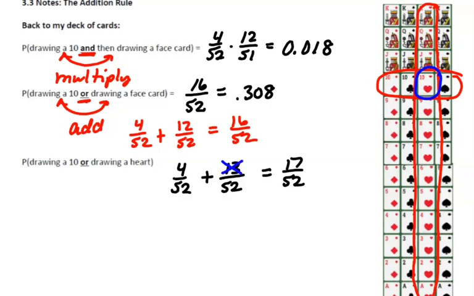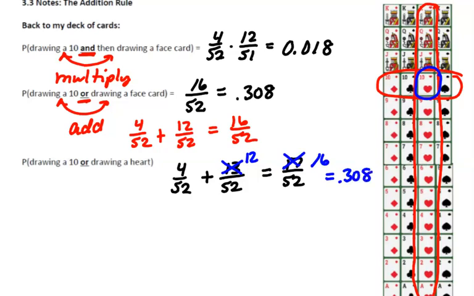If I have a 4 out of 52 chance of drawing a 10, I've already counted the 10 of hearts as part of that group, so I can't count it twice. So actually that's 12 out of 52 for the other hearts, and this would be a 16 out of 52.